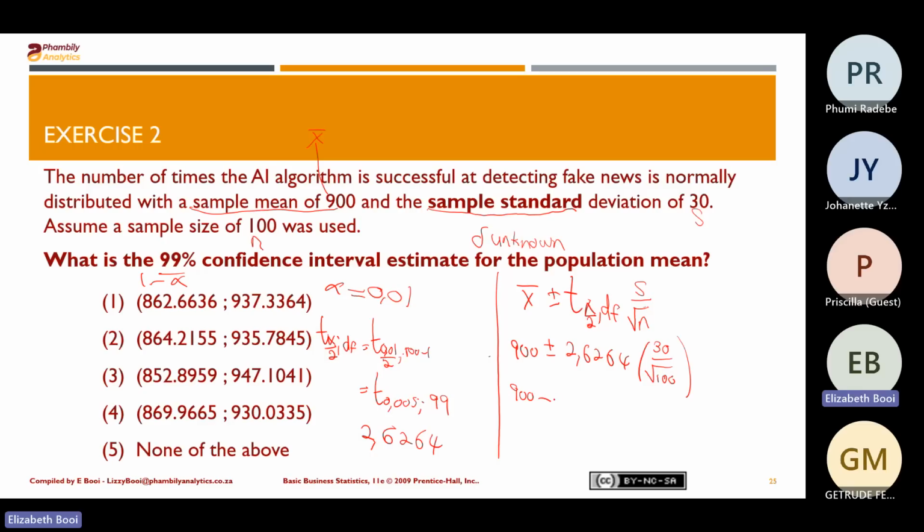And that gives us 7.8792. And on the other side as well, we say 900 plus 7.8792.